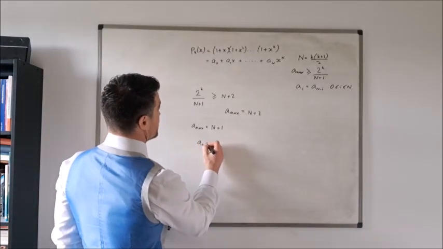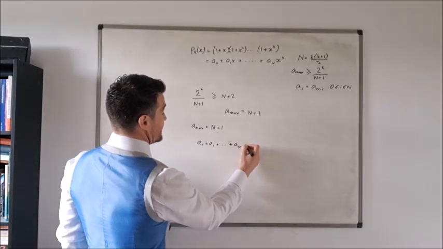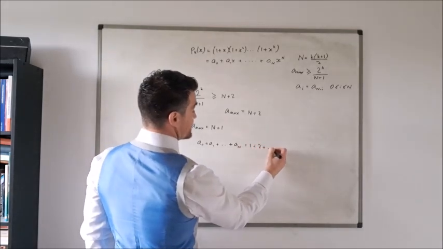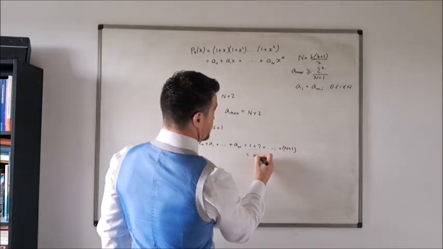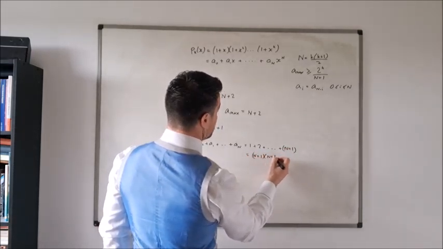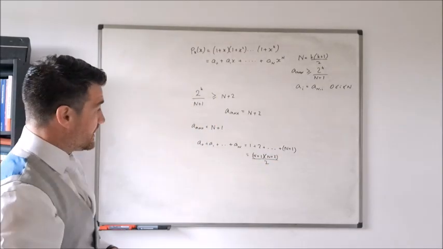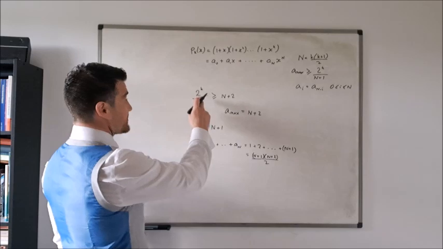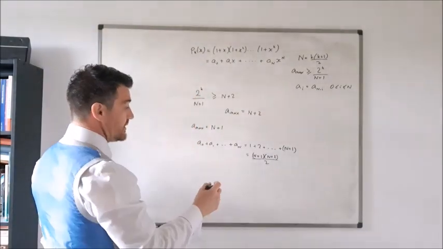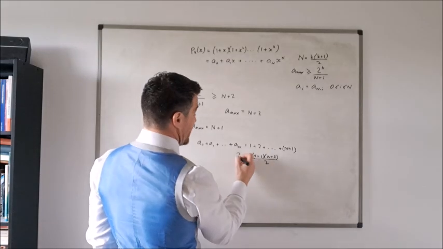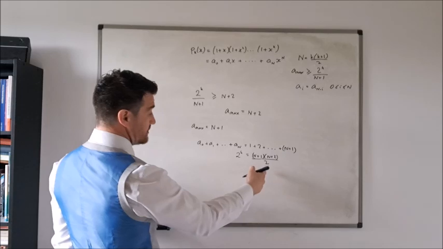So a0 plus a1 plus up to an is going to be equal to 1 plus 2 plus up to n plus 1, which is going to be n plus 1 times n plus 2 over 2, for example. And this must also be equal to, because we know that 2 to the power of k is equal to the sum of the coefficients from what we did earlier, then that means that 2 to the power of k is equal to n plus 1 times n plus 2 over 2.